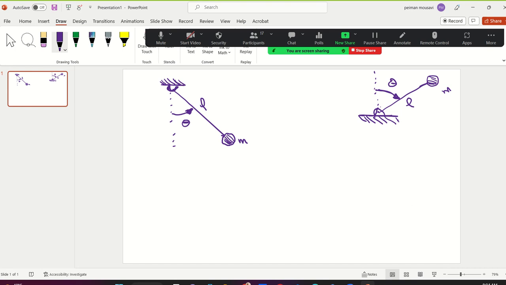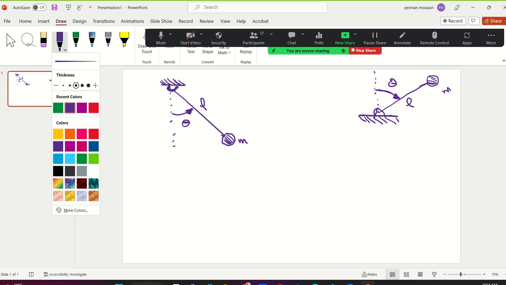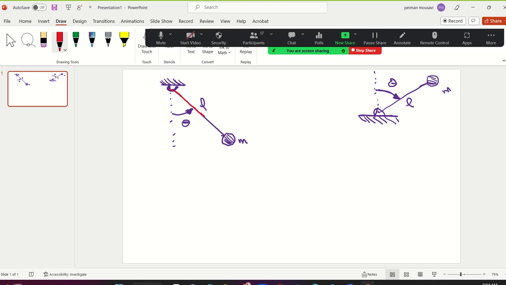Okay, so in MATLAB, if you want to make a movie, first, forget about everything. Let's focus on this line because I want to make a movie of how it moves. So I'm going to use the MATLAB plot command.